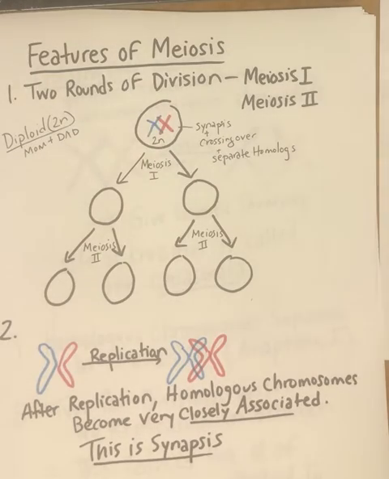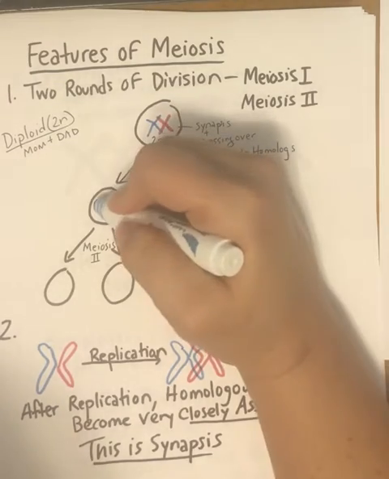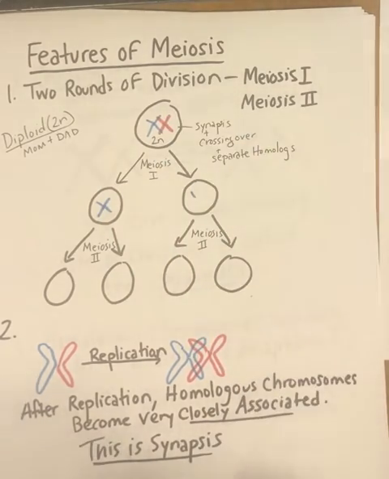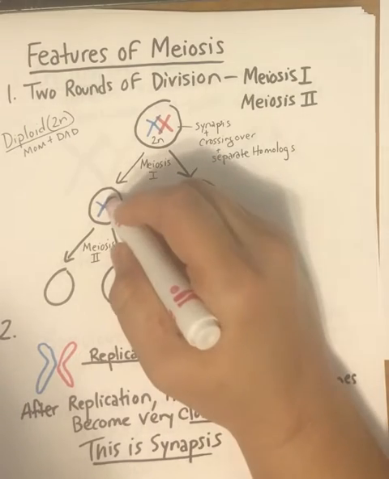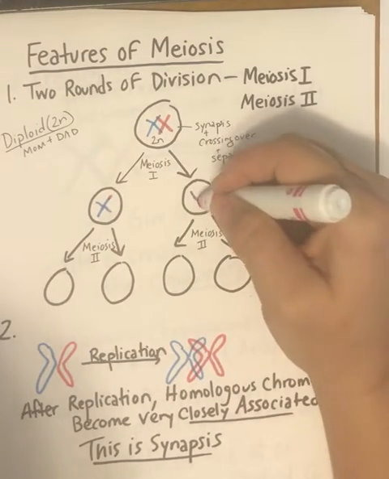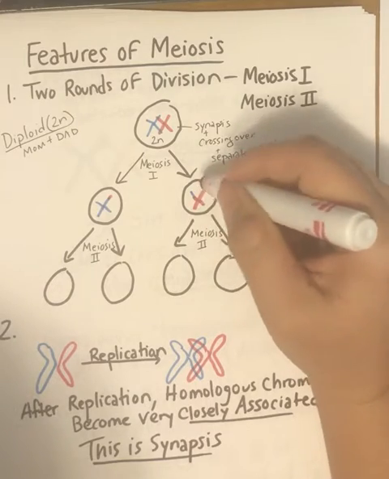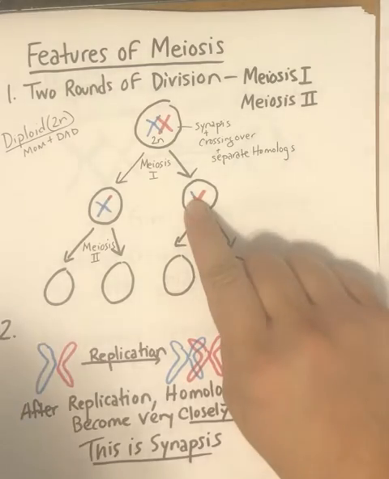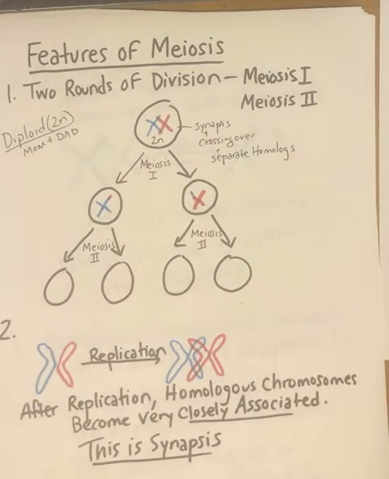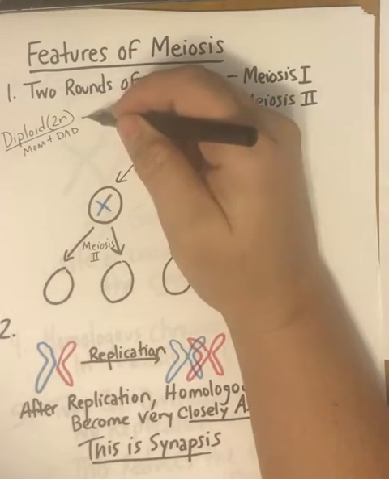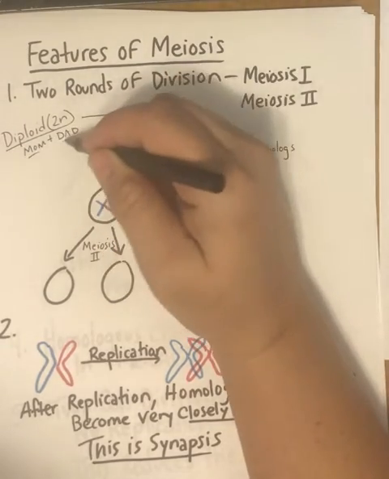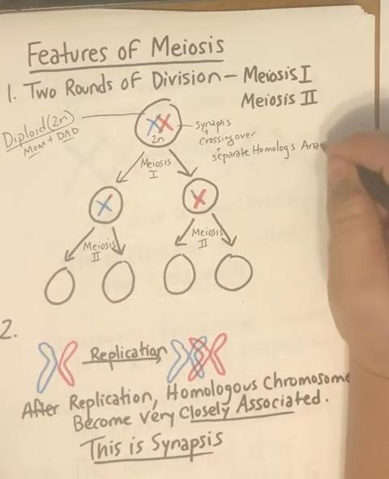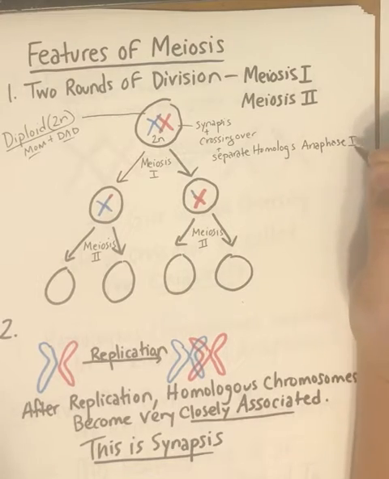So in meiosis 1, you now say that this side is your dad's cell, and you have your mom's cell, homologous chromosomes, so just a tiny bit of your mom's over there, and just a tiny bit of your dad's. So when you separate mom and dad's, this little tiny bit of the chiasmata does not count. So you start out with the diploid cell because it has one set from mom and one from dad, but you separate your homologs in anaphase 1.